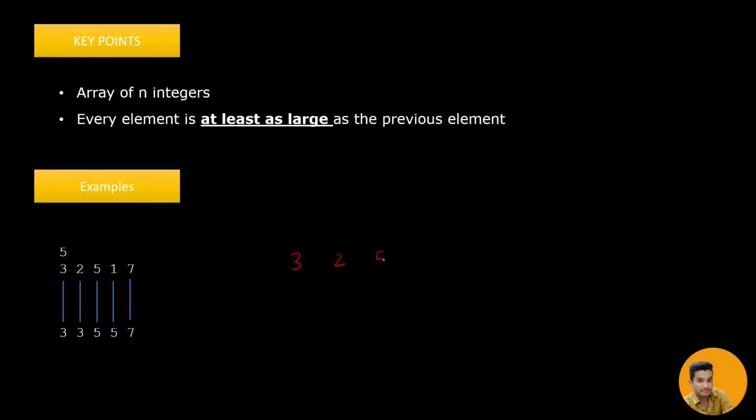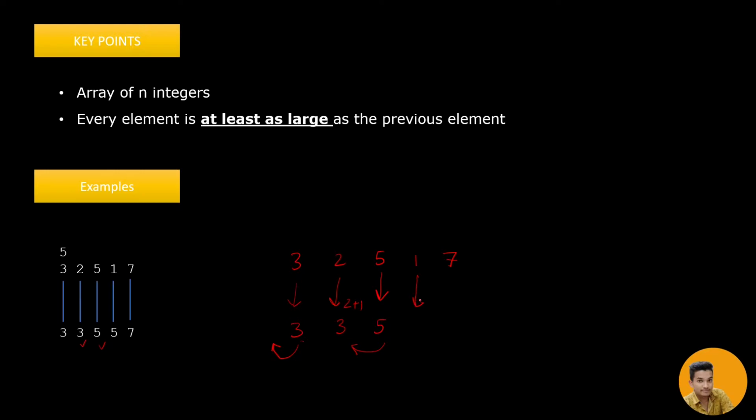3 2 5 1 7. Now in the first pass, 3 will be there because there is no element present before it. Then 2. According to the question it should be at least as large, so we are going to increase it by 1, so this will become 3. Then we will move further. 5 is larger than the previous element, and if it is larger then there is no need to check further. Then we will come to 1.